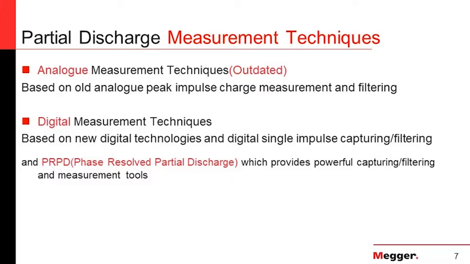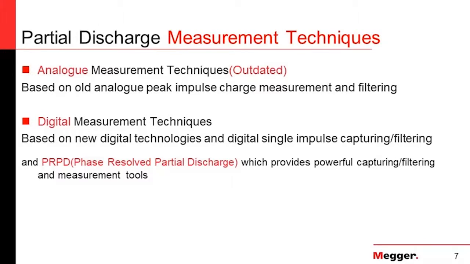In digital measurement technology, we capture every single impulse activity. So when a single impulse, either a PD or anything, happens, the system captures and makes an image of that partial discharge, and then syncs that image with the voltage supply. And that's why we call this technique PRPD, which means phase resolved partial discharge.